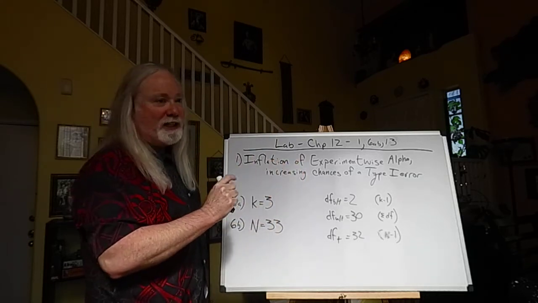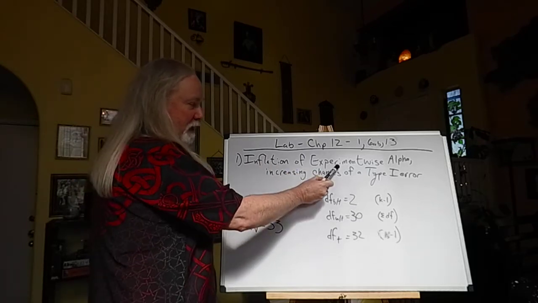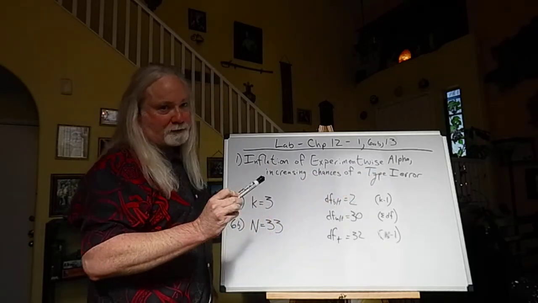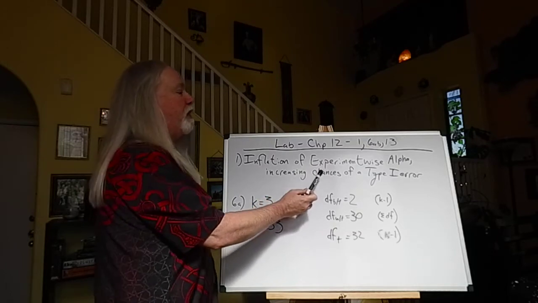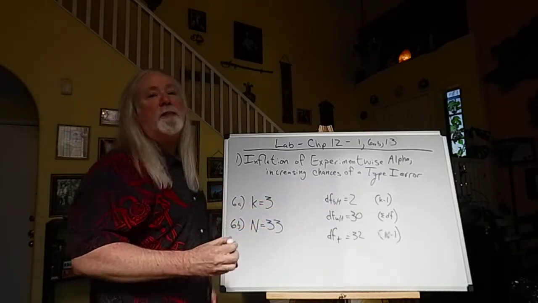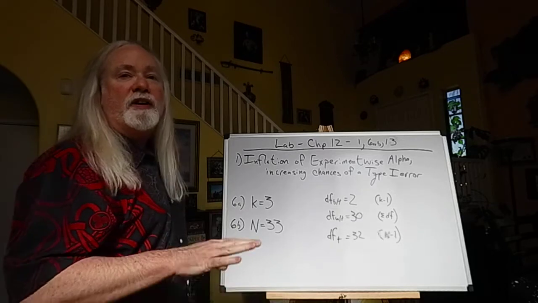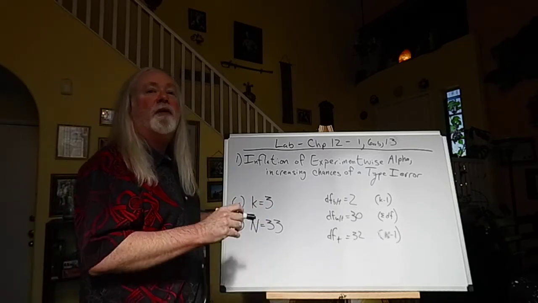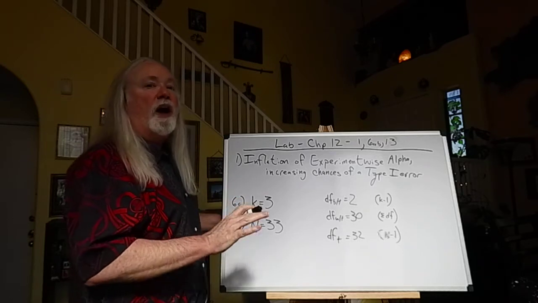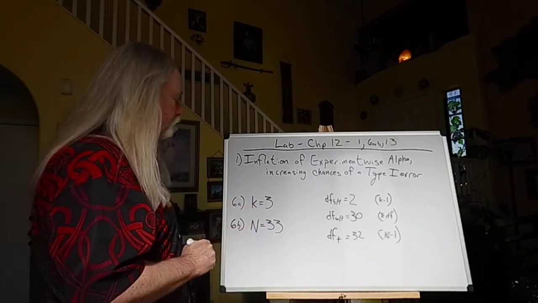So if we ran several t-tests, we would be inflating the experiment-wise alpha level, and by doing that, we'd be increasing our odds of making a type 1 error. So we do the ANOVA instead of several t-tests so we can control the experiment-wise alpha level and therefore control our odds of making a type 1 error.